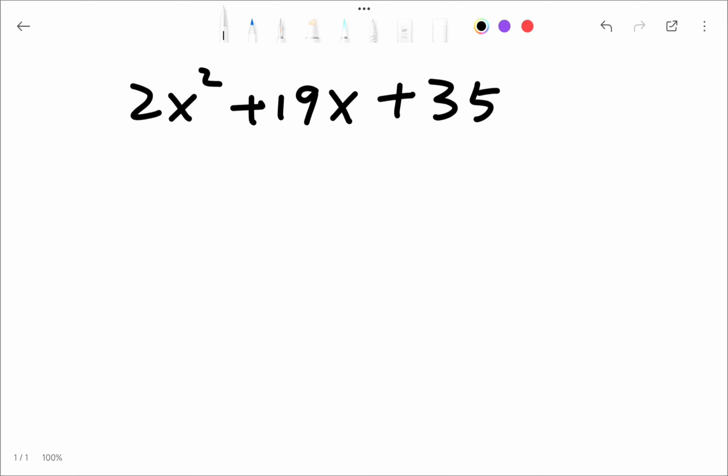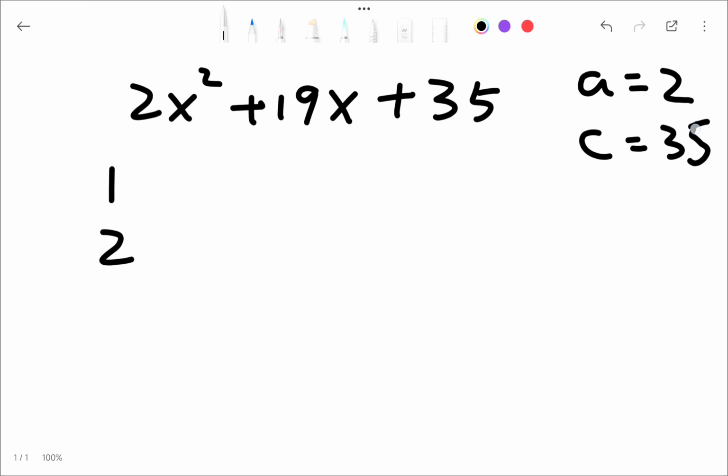So the first step is to find two factors of A. And we write them down vertically like this. The second step is to find two factors of C. Could be 1 and 35, or 5 and 7.